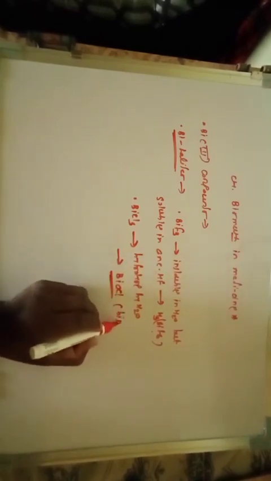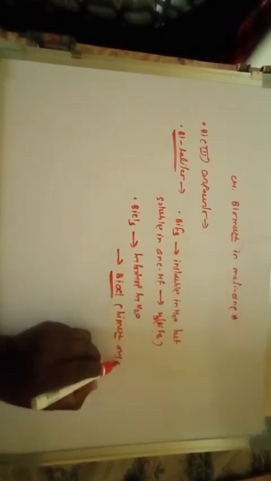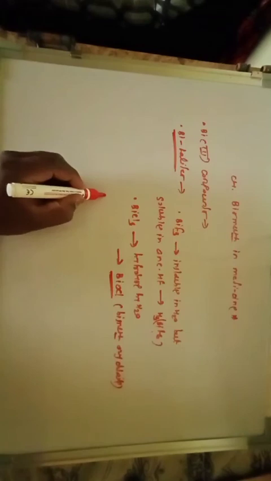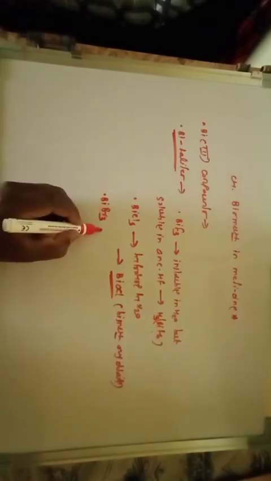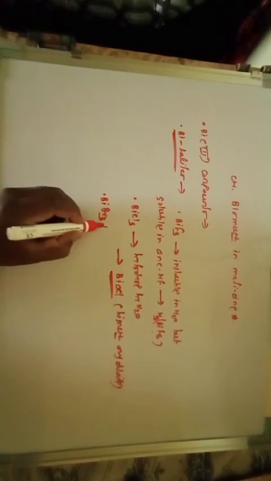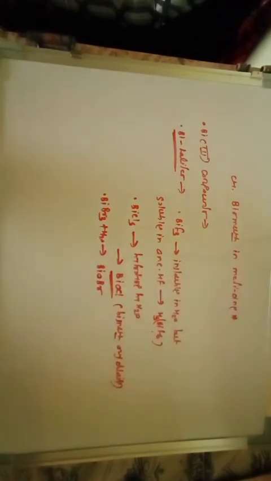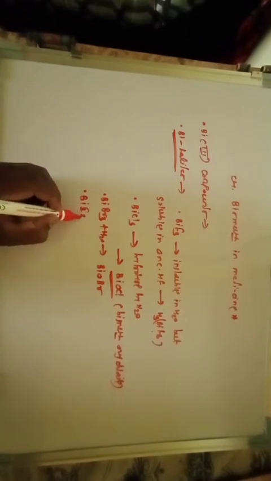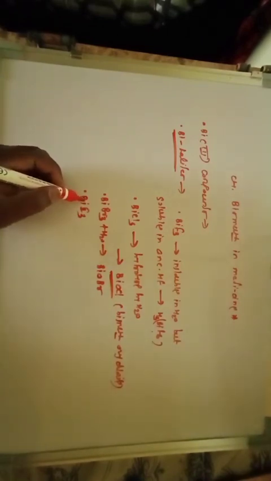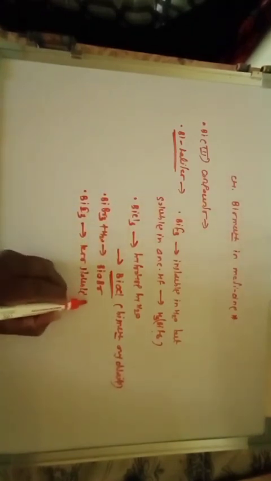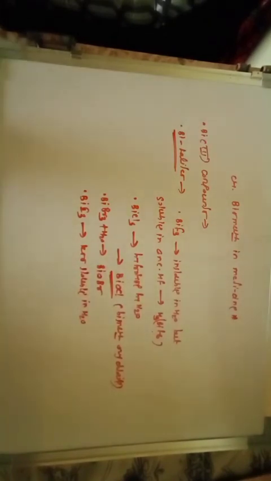Similarly, BiBr3 is similar to BiCl3. It will react with water and form BiOBr, that is bismuth oxybromide. Next, BiI3 is less soluble in water. So we only discuss the solubility properties in which bismuth is in +3 oxidation state.